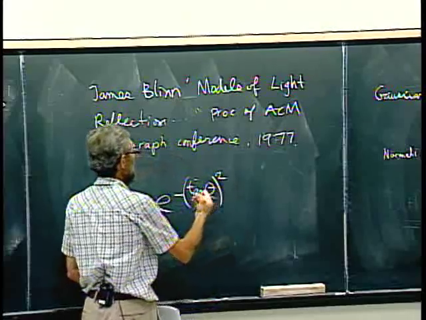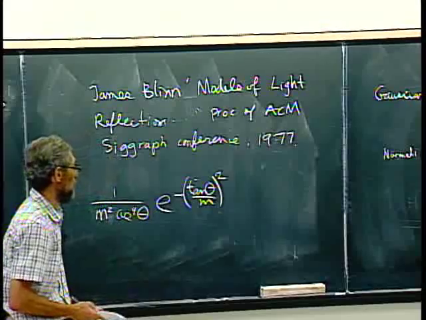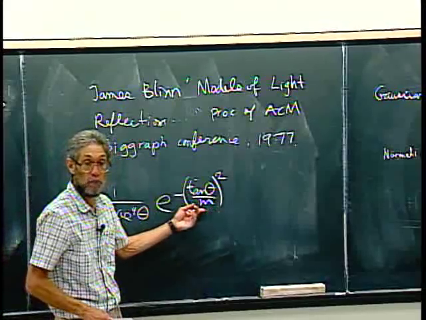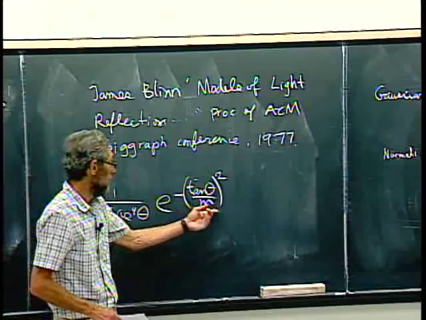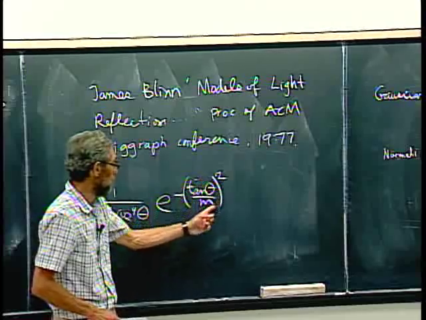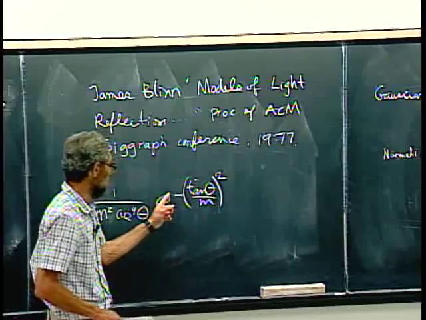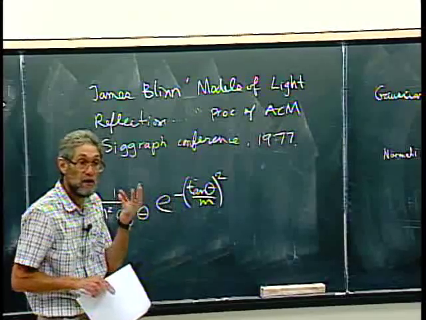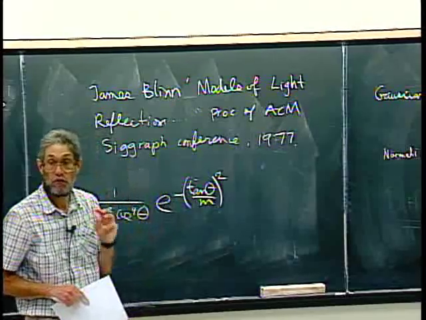So theta and tangent theta are really close for small theta. And m is sort of the root mean square facet slope. Right? If m is small, then this is going to get big rapidly, and e to the minus that is going to decrease rapidly, and that's going to give you a very shiny sort of glossy reflection.